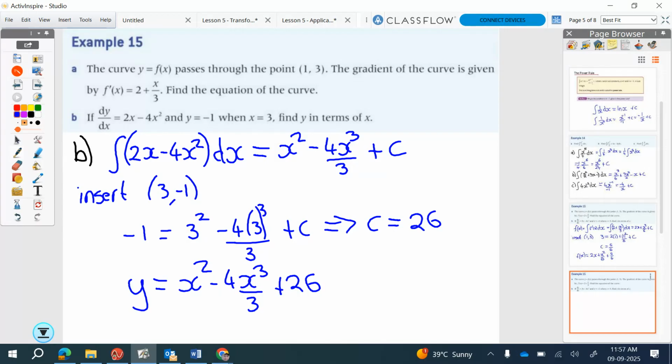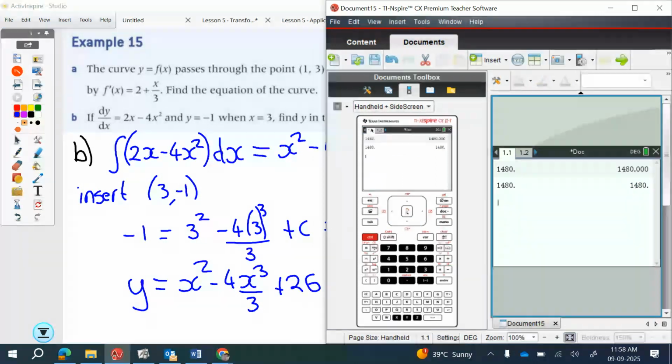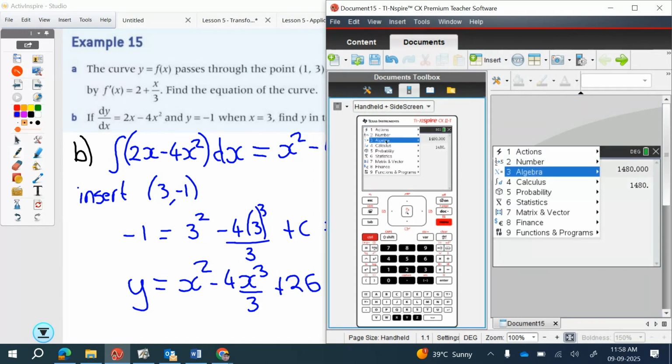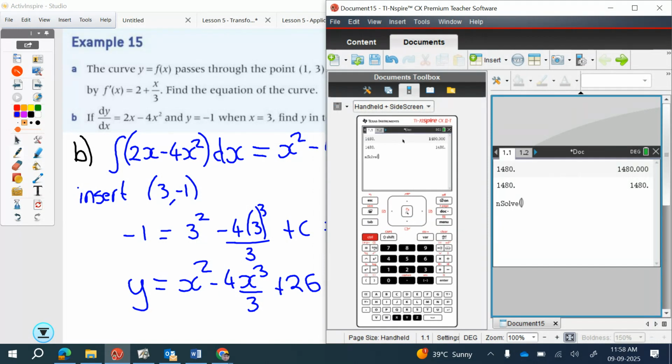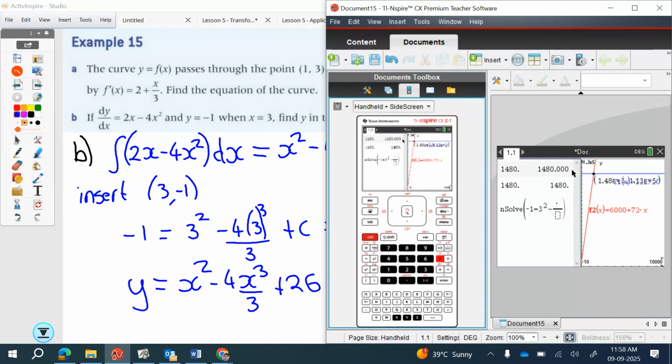We can try it. Let's just check it with the End Solve. So menu, algebra, End Solve. Negative 1 equals 3 squared minus, put the quotient, 4 times 3 to the power of 3 over 3. I don't know what's going on over here. Plus c, comma, solve for c.